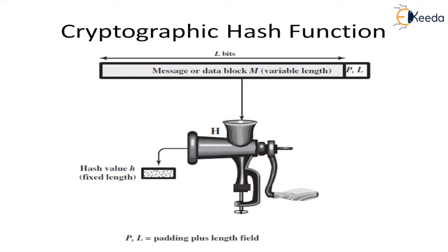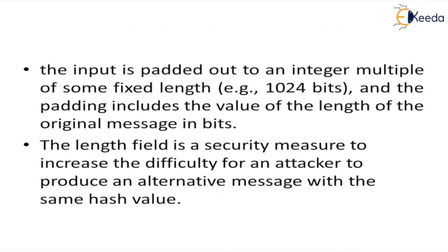So cryptographic hash functions can be elaborated with the help of this small logical diagram. If you have L bits of the message or data, along with the header containing the padding plus field, that is BL, it is given to a certain processing unit, producing the hash value, that is H, which is of fixed length. So the input is padded out to an integer multiple of some fixed length.